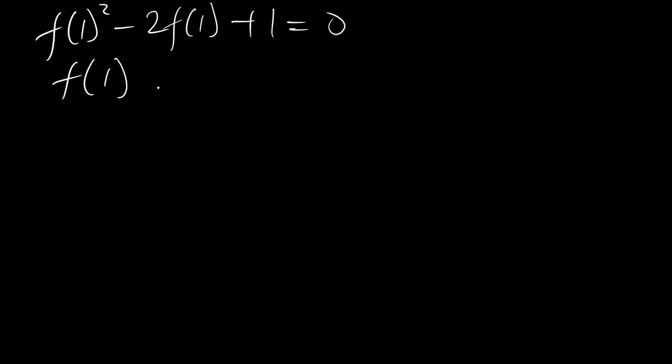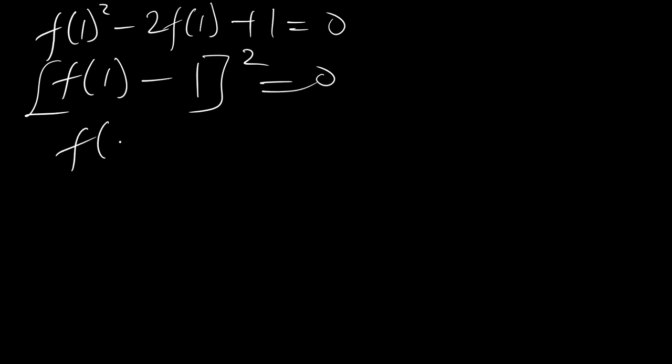This is a perfect square, so we get f of 1 minus 1 all squared equal to 0. So f of 1 is equal to 1.